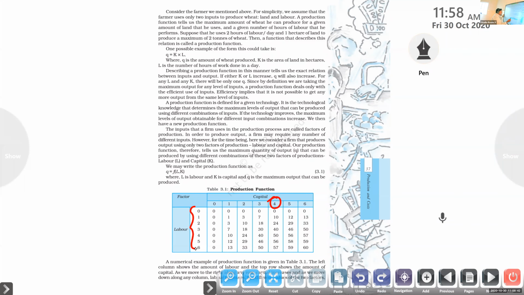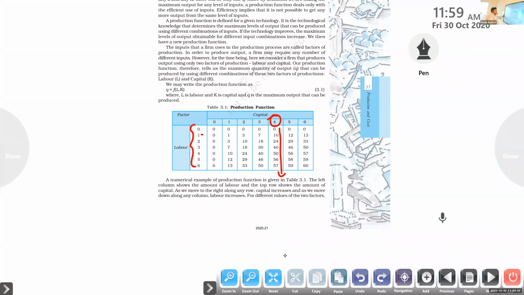Labor is the variable input, or variable factor, while capital is the fixed factor. As you move down, the quantity produced is changing, from 0 to 57.